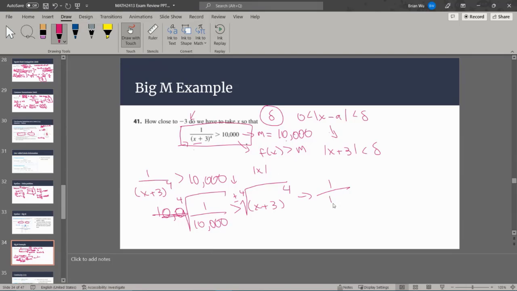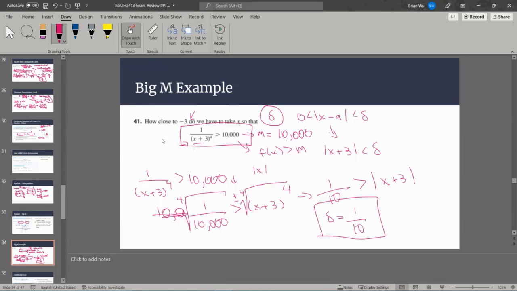So this would be 1 over 10 is greater than the absolute value of x plus 3. And so therefore, we know our delta is defined as the absolute value of x plus 3, and that means delta is equal to 1 over 10.